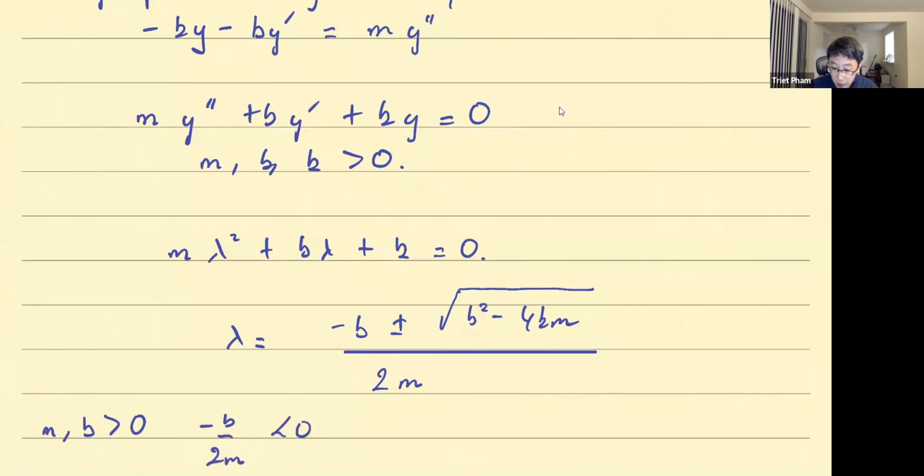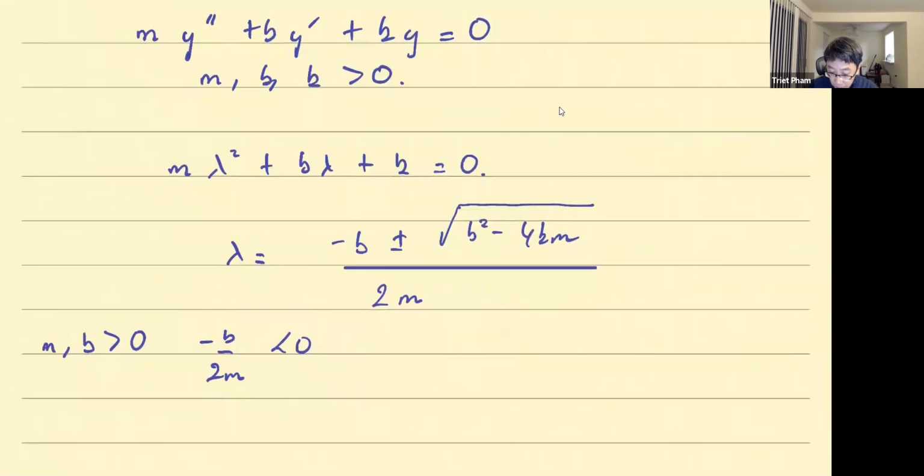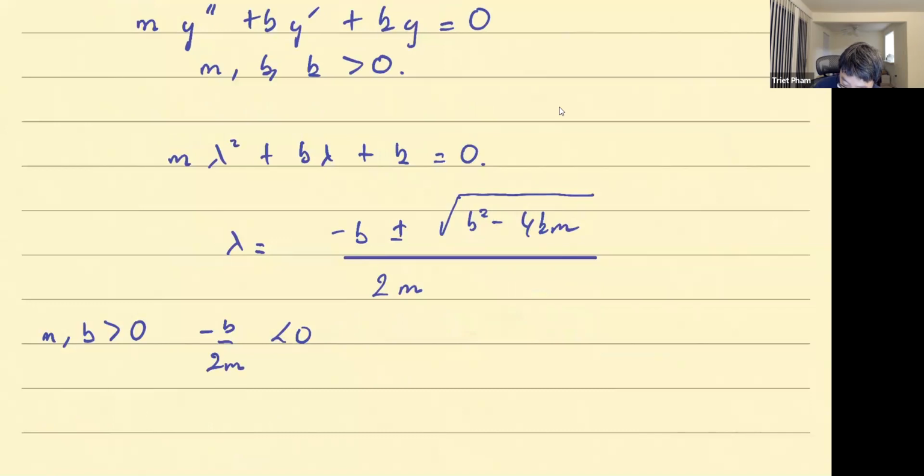So your solution, whether real or complex, depending on where these coefficients are, it doesn't matter what it is, y of t will go to 0 as t goes to infinity. Is that okay? So in the presence of damping, you will settle back into equilibrium as time goes on. That's what the model says.